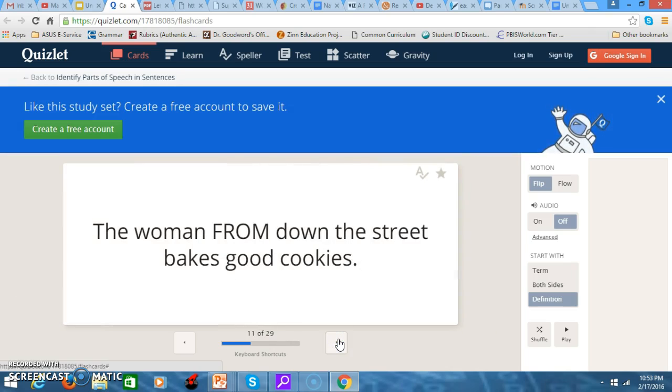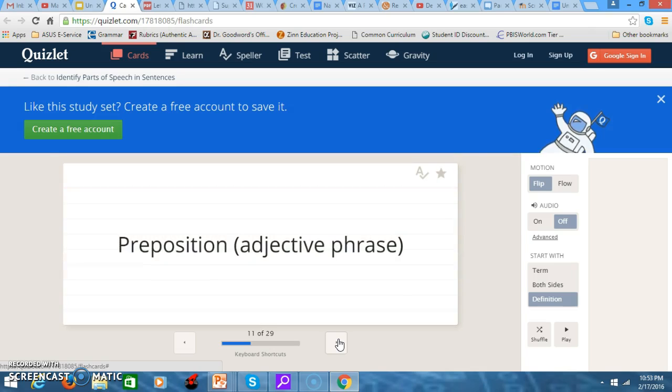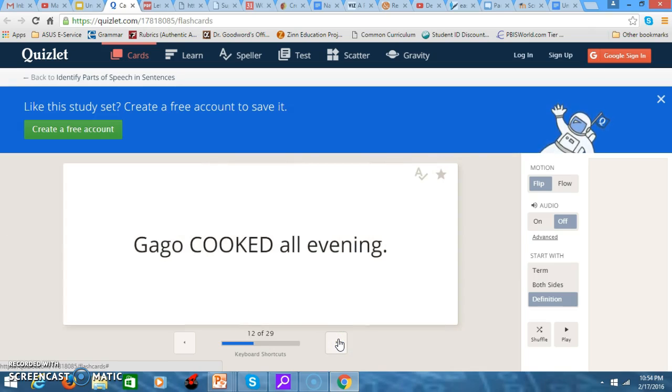The woman from down the street bakes good cookies. From is another preposition. Can a bunny hop away from something? Yes. Cooked is in all caps, and it looks like an action, so it is a verb.